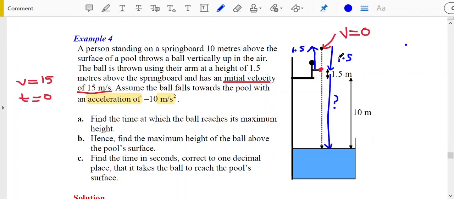Okay, so we've already got 3 seconds, 1.5 seconds up from the person's hand, then 1.5 seconds back to where their hand would be. So that's a total of 3 seconds. Then we just need the time it's going to take to go from the person's hand down to the pool surface. Okay, which we know. We actually know the distance that is, don't we? We know that's 11.5 meters.